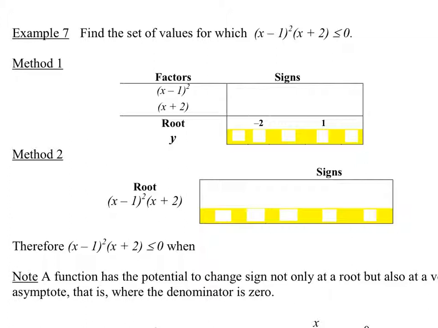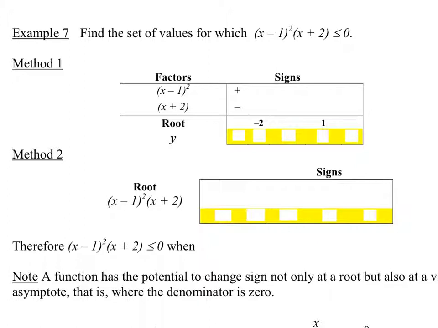The x minus 1 squared for any value of x that's less than -2 is going to be positive. Now think about x plus 2. If you have a value of x that's less than -2, for example -3, -3 plus 2 is going to be negative.